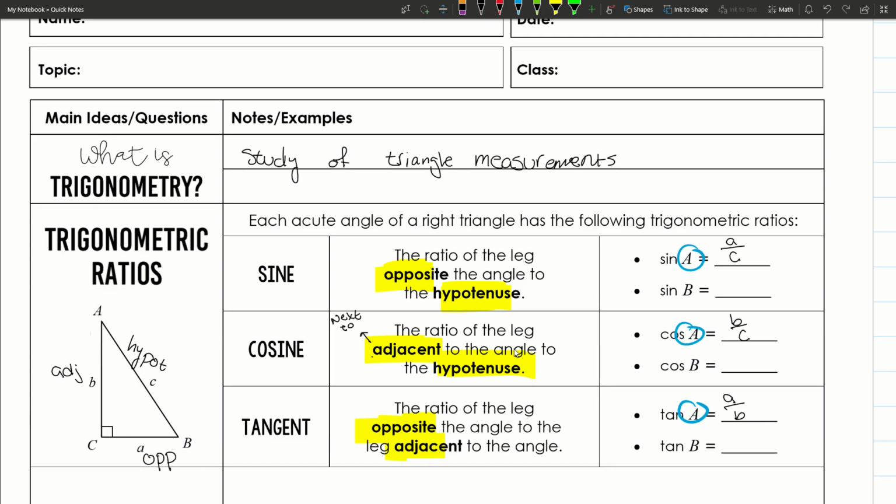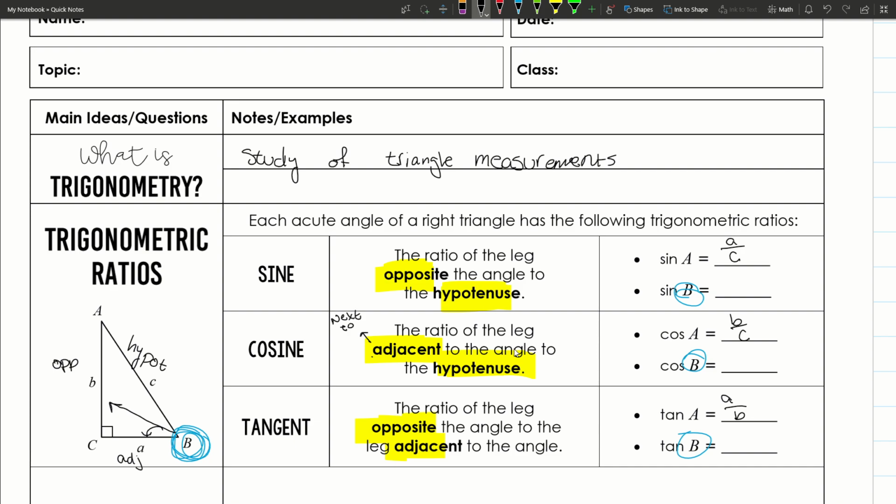Now we need to erase almost everything. Leave your hypotenuse, that stuff doesn't move. And this time, we're going to look from our B angle. Which one is straight across? Which one is opposite? That would be our letter B. And our adjacent is letter A this time.